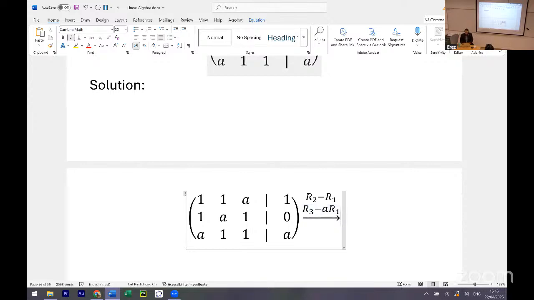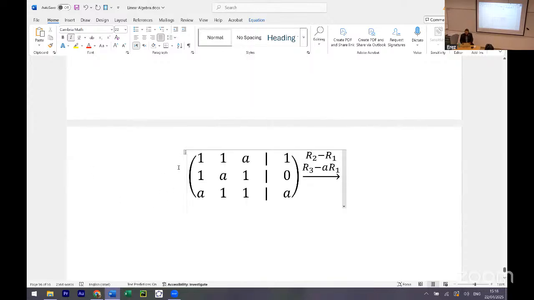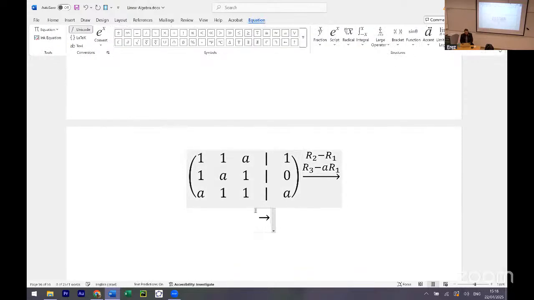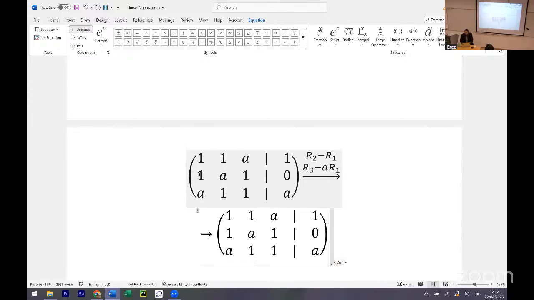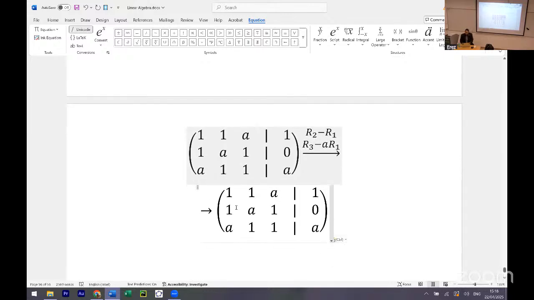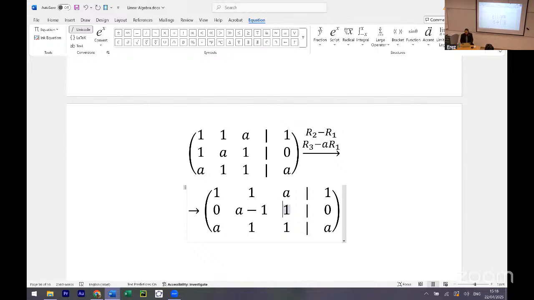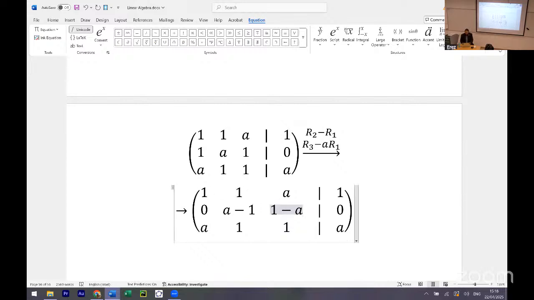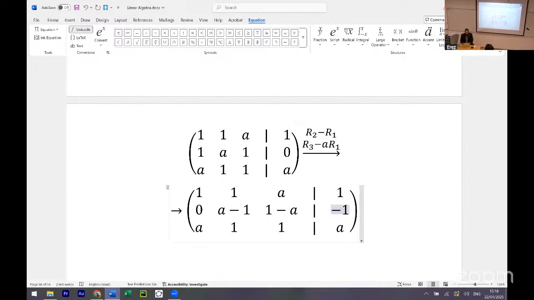So what do we get here? And you will see it in all 13 examples I gave you a link to before. So R2 minus R1: 1 minus 1, 0. A minus 1, say minus 1 plus A, and 0 minus 1.